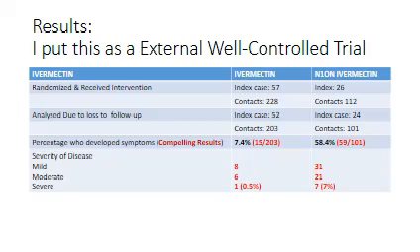Okay, and we found that 7.4% of the ivermectin arm became symptomatic and 58.4% of the non-ivermectin arm became symptomatic. Okay, now to me, this is what the FDA would call compelling results. So whether it is a randomized controlled trial or a non-randomized controlled trial, the results are compelling enough to override any deficiencies in the manner in which the trial was conducted.